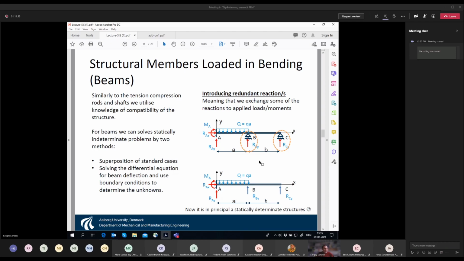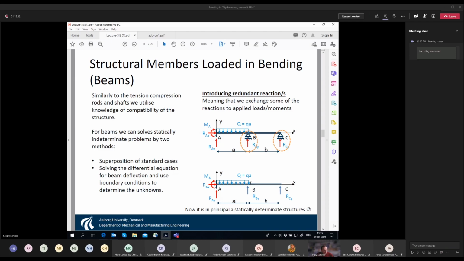So we have to formulate equations to complete the system, to close the system, which means we have to come up with 2 compatibility equations. The way to obtain these compatibility equations is very simple.